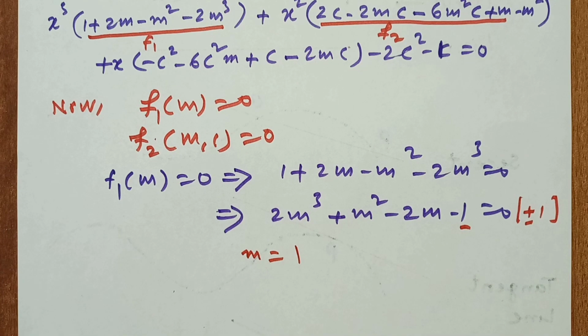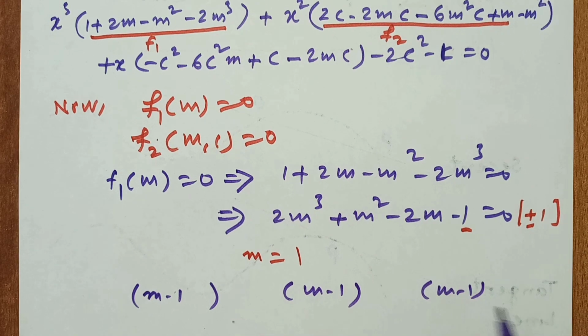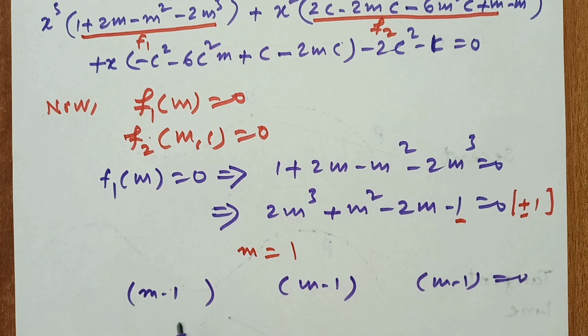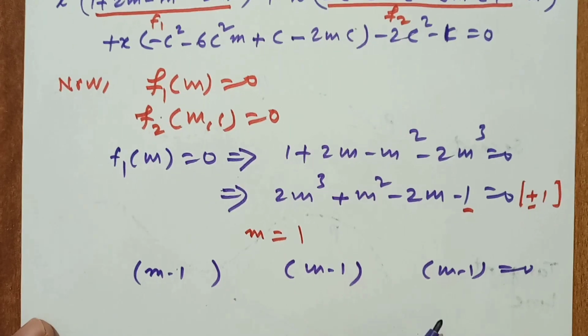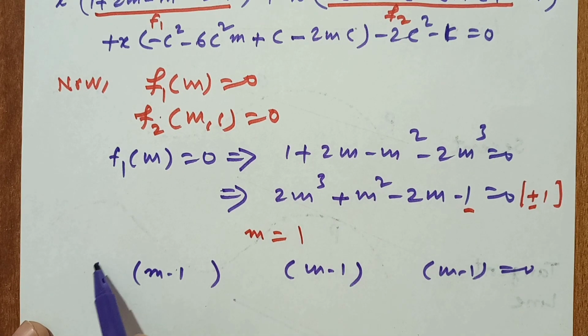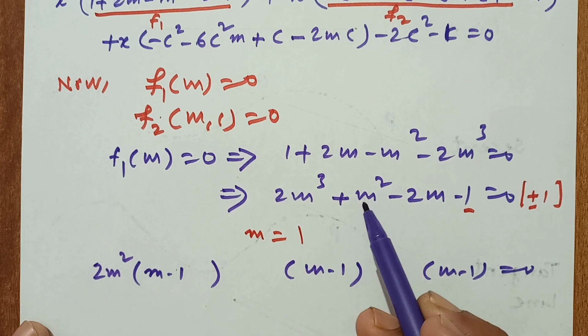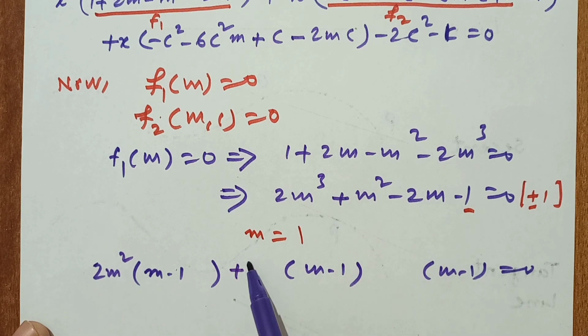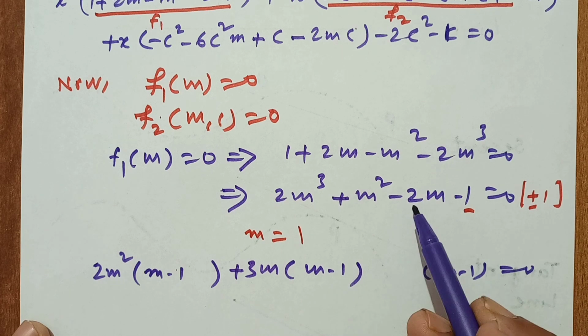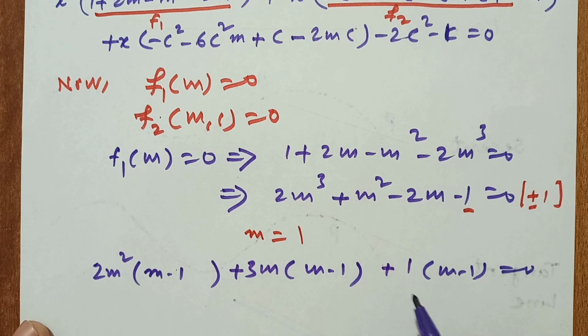So you can divide by m minus 1. We arrange here 2m cube, minus 2m square, but here plus m square, so 3m square minus 2m square, m square minus 3m, but we need minus 2m, so plus 1.